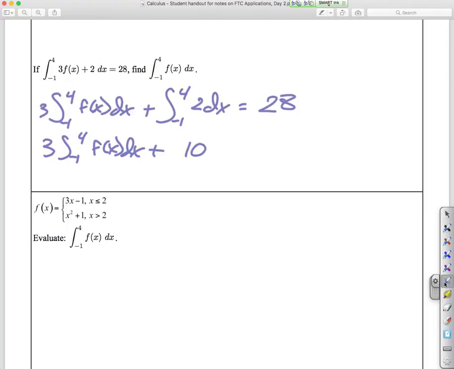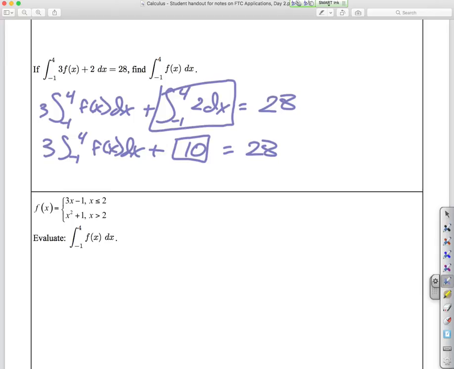So this right here turns into 10. You understand why that turns into 10? How far is it from -1 to 4? 5, and 5 times 2 gives me 10. So now we're getting somewhere.